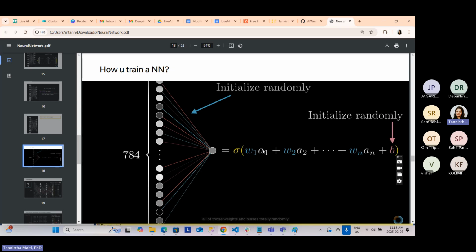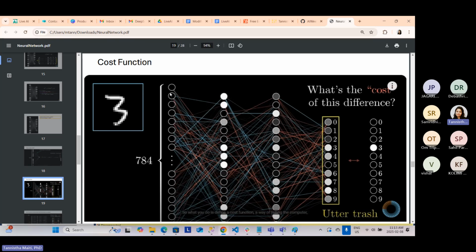Now that we did our forward pass, let's say with 3, we have used this image 3 and we are trying to train our neural network completely.